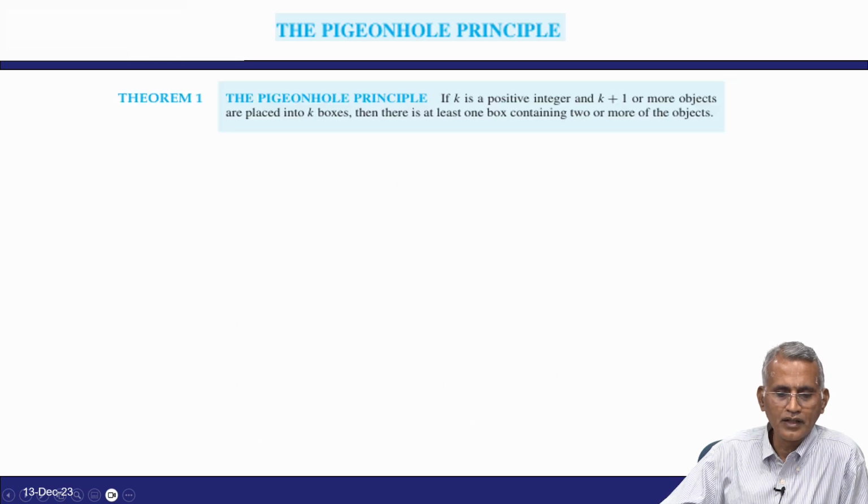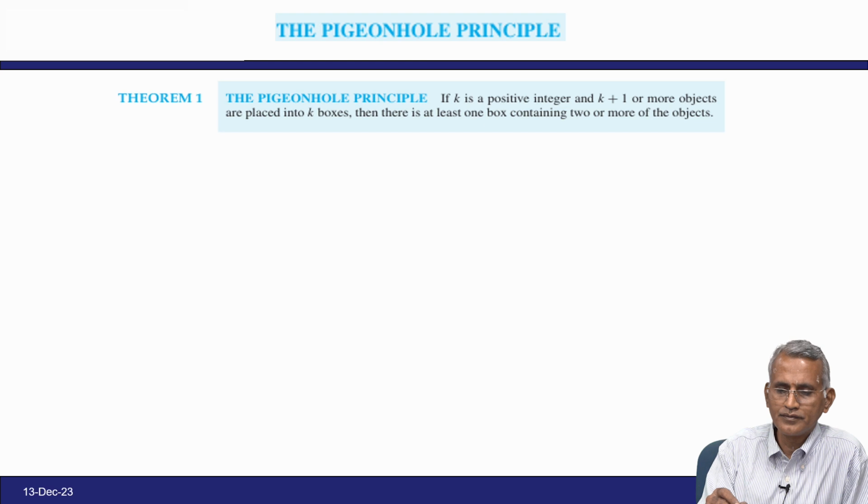Let us go with one theorem, call it the pigeonhole principle. If k is a positive integer and k plus 1 or more objects are placed into k boxes, then there is at least one box containing 2 or more of the objects.